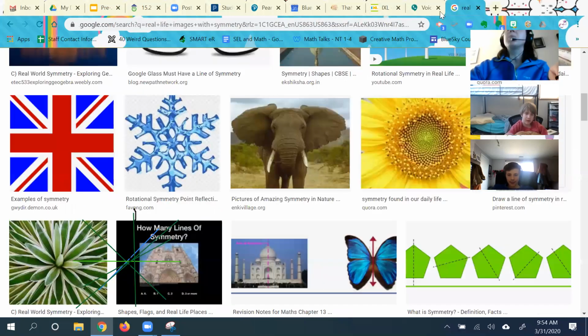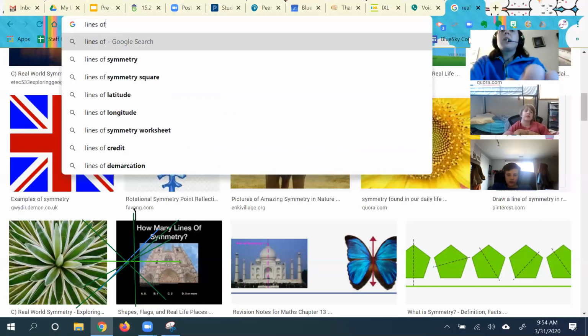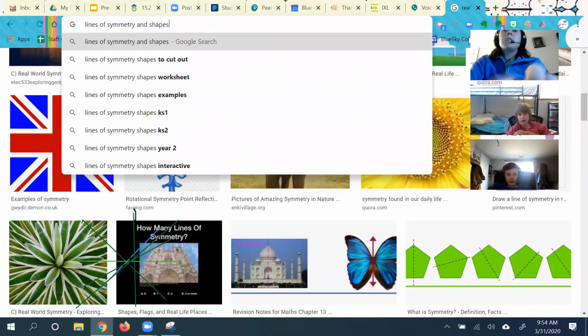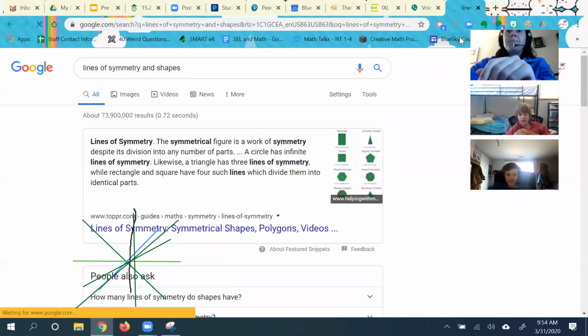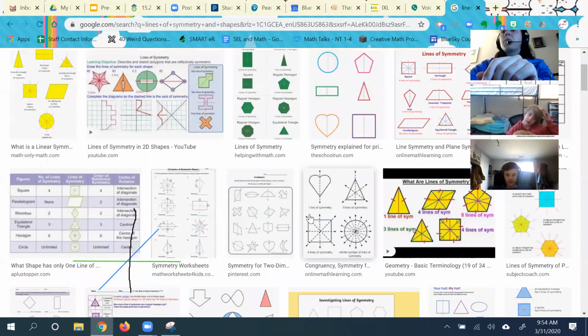You could even, that's where Google comes in. So you could even Google. It's really cool to see it. I don't know why this stuff fascinates me, but lines of symmetry and shapes. So you could even Google image it, and they kind of show you.